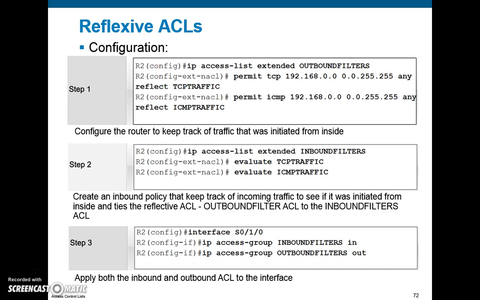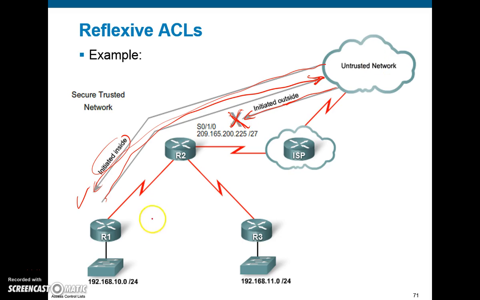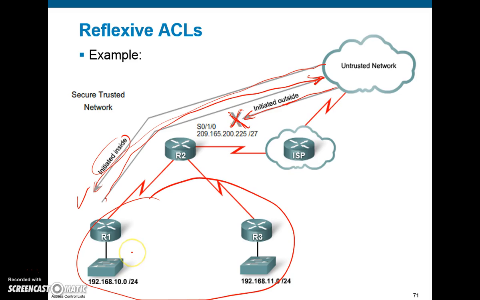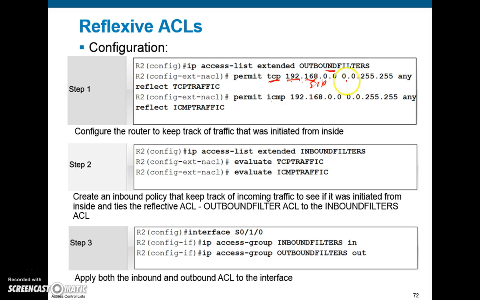First, we create an outbound filter for traffic that's going out. We are filtering TCP traffic where the source IP address is 192.168, so any packet from 192.168, which will include these two networks, 192.168.10 and 192.168.11, and going to a destination IP of any, going to the internet.